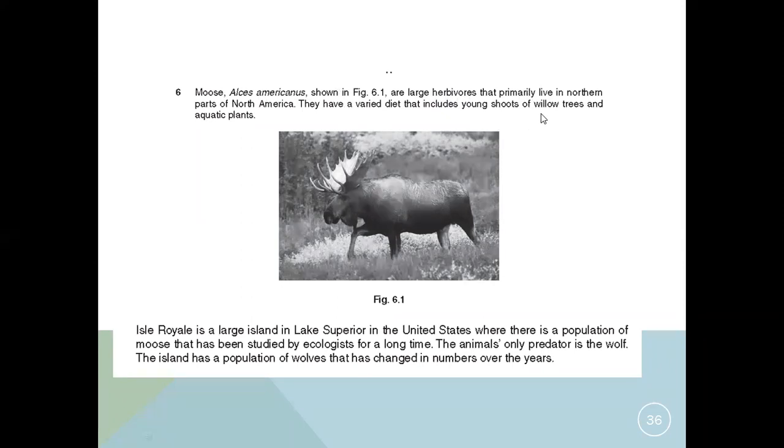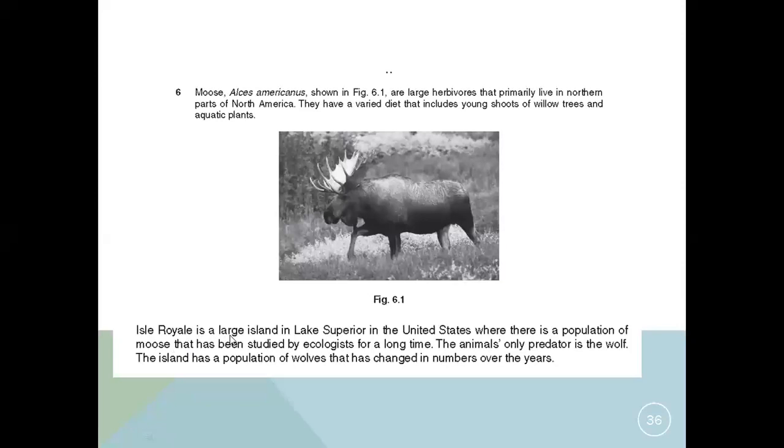Especially the young shoots of willow trees, they are eating. So here the willow tree is the producer. Producers are those organisms that do photosynthesis. So with us, it is a willow tree. So the willow tree is the producer.